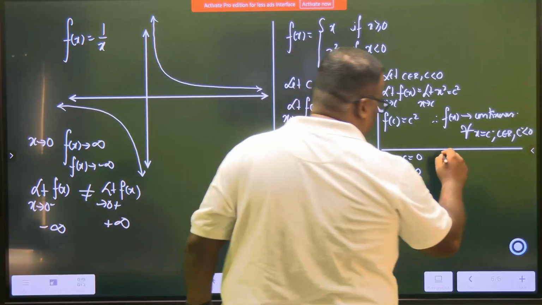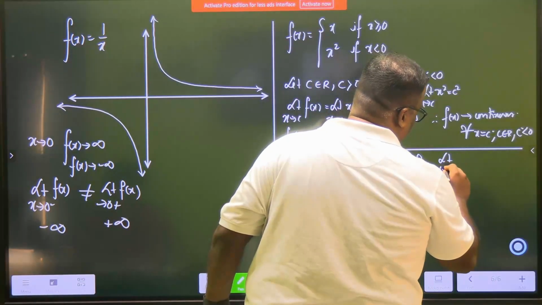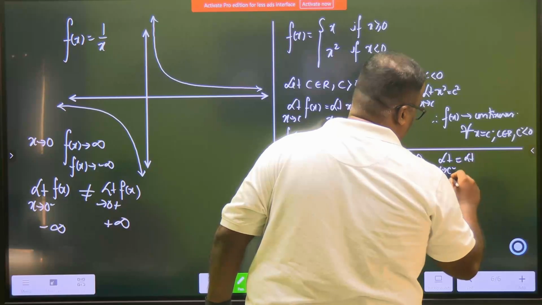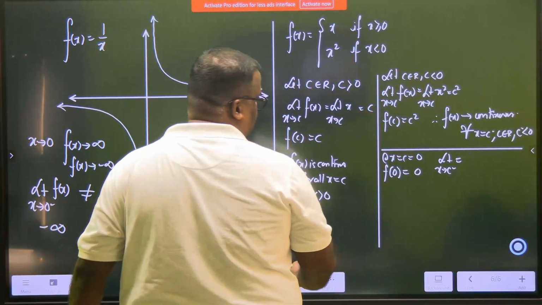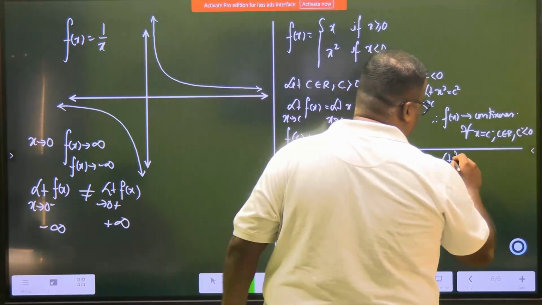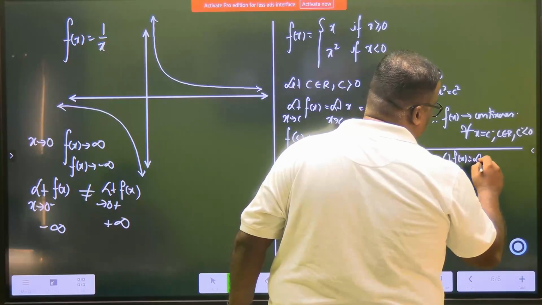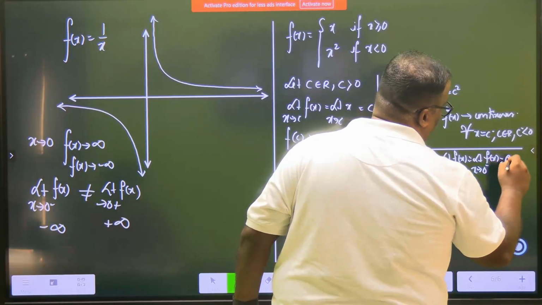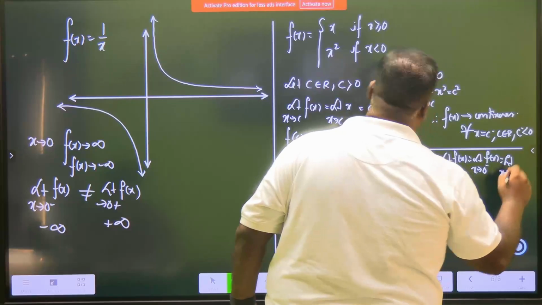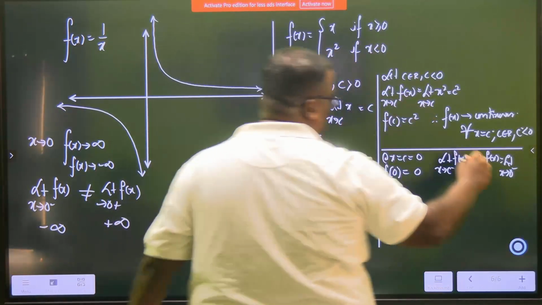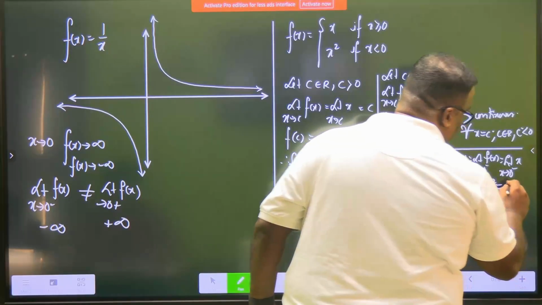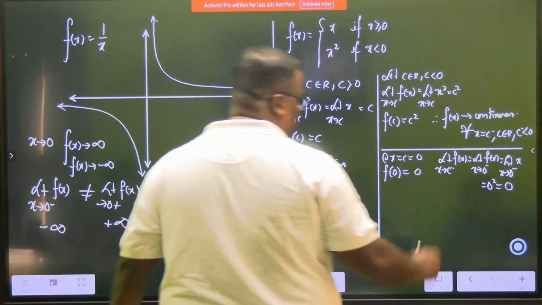So we take the limit. Limit x tends to 0 minus of f of x, which means on this side you will take x square, which is equal to 0 square equal to 0. Okay, child?